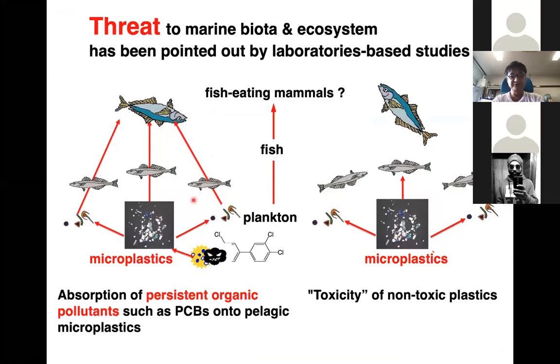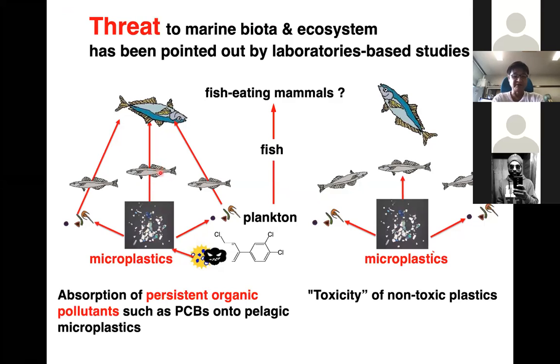And threats to marine biota or ecosystems have been pointed out by laboratory-based studies. On the left-hand side, this cartoon shows microplastics absorbing persistent organic pollutants such as PCB on their surfaces, and by ingestion by marine biota, these polluted microplastics move to the biota.